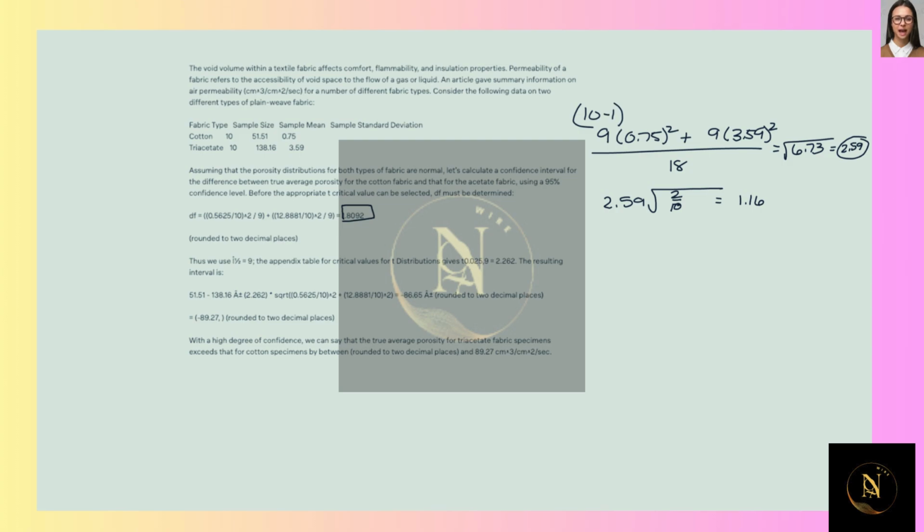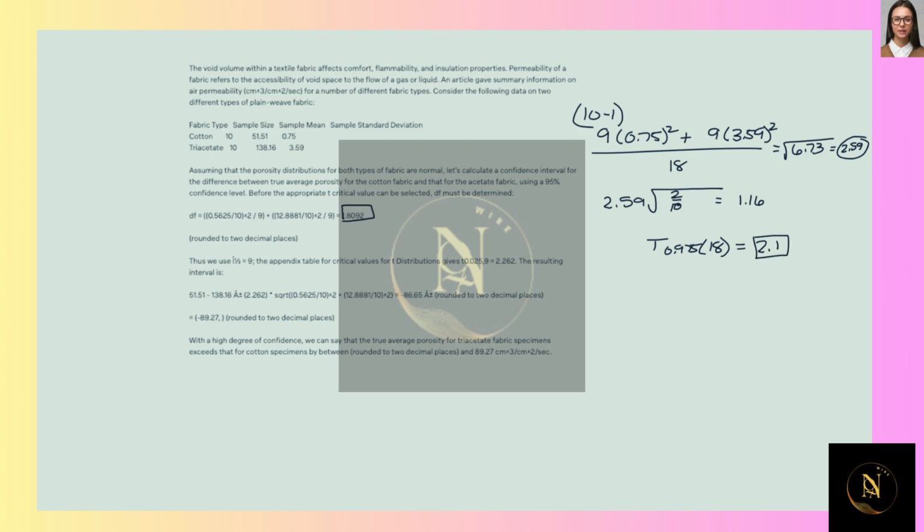Then you're going to calculate your degrees of freedom, which is 18. So you are going to look at your T-score chart, and you're going to have T 0.975, and degree of freedom is 18. And so it's going to be actually, I'm getting 2.1.